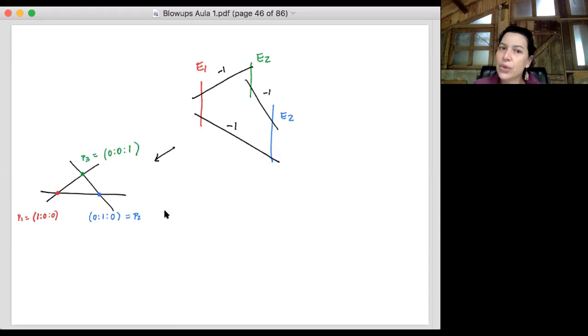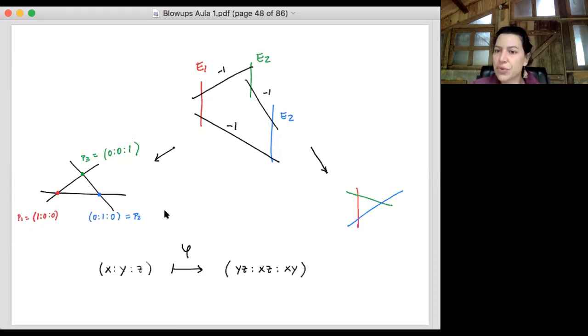And then again, we can use Castelnuovo's contractibility theorem to conclude that we can contract these 3 -1 curves, the strict transforms of the lines, again, to 3 smooth points on the surface. So this diagram that I drew here is nothing but the resolution of the standard Cremona transformation.